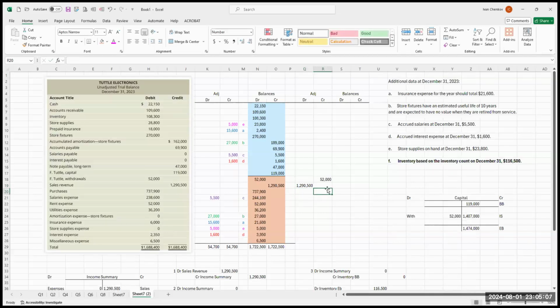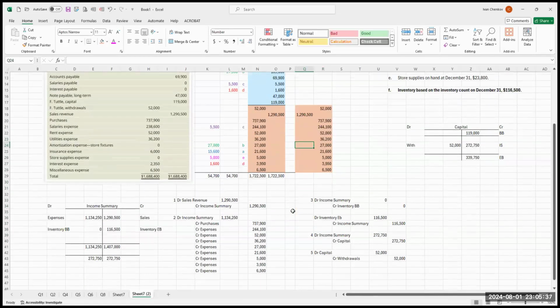And then start closing everything. 737, you're just getting those numbers and closing them. And once you do that, all those accounts will have a balance of 0. And that's your objective, to bring all those accounts to balance 0.